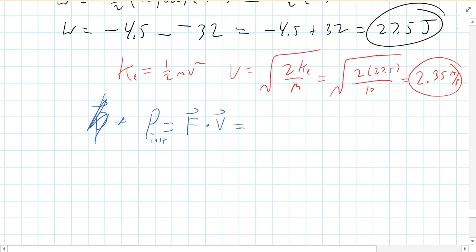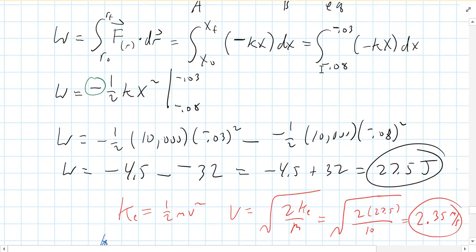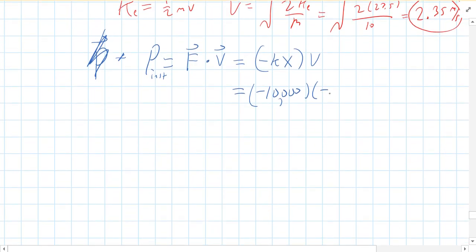Now, the force is negative kx, and then times velocity. Here, that negative x does matter. So we've got negative 10,000 times x, which is negative 3 centimeters or 0.03. So here the negative does matter as far as the sign of our answer goes.